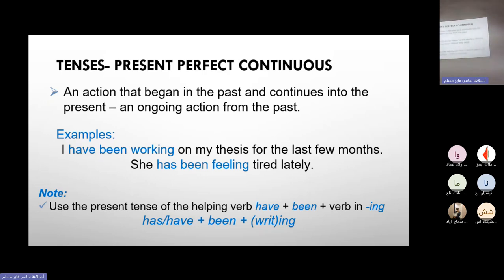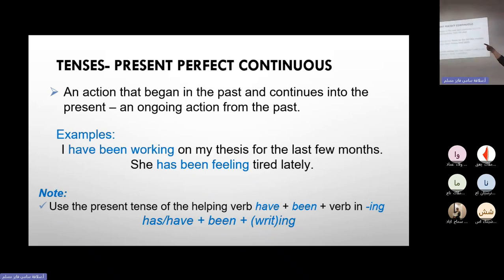Example, come on. I have been working on it for the last 2 months. Have means present, been working like perfect and continuous. Okay? Go. She has been feeling unwell lately.